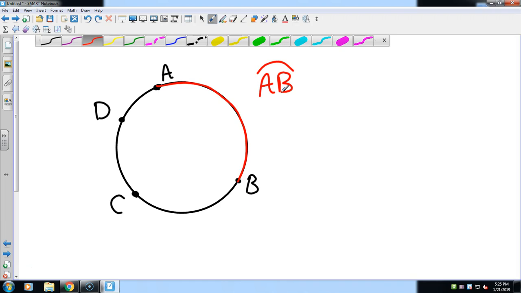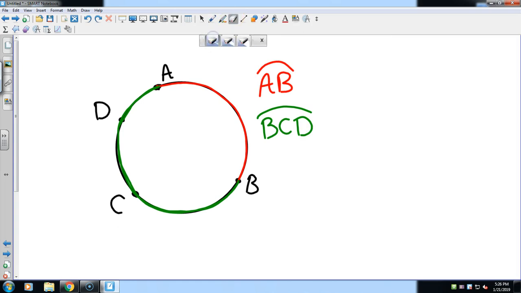If we were to continue to go here, and go all the way back around to A, we know that that's greater than 180 degrees, because actually BD would be my diameter, so I know that's further. So if I'm going to do a major arc, and order is important, I'm going to do B, C, A, because A was my endpoint.